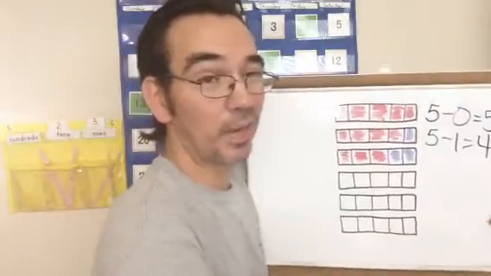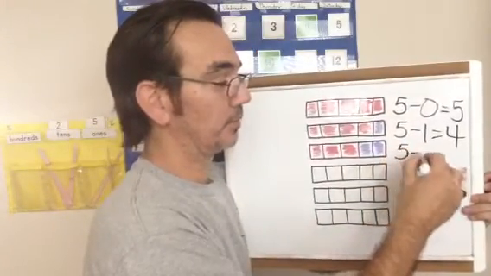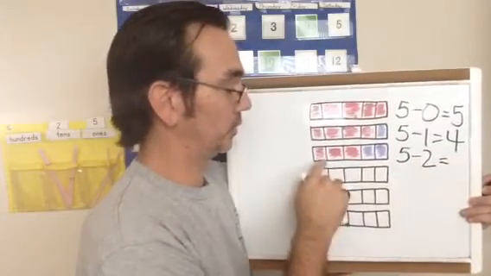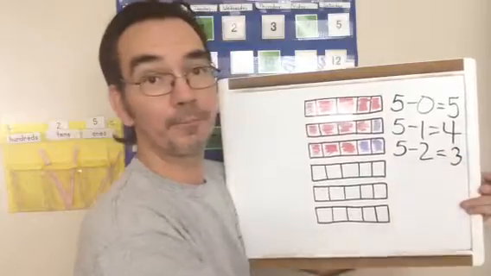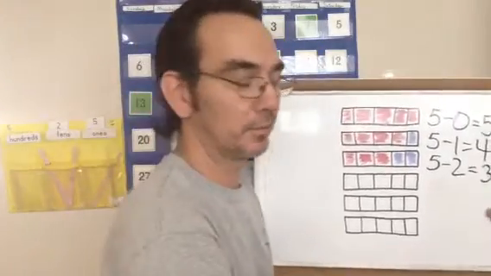And so that means our problem here is 5 minus 2 equals 3. 5 minus 2 equals 3. See how we're going? Good.